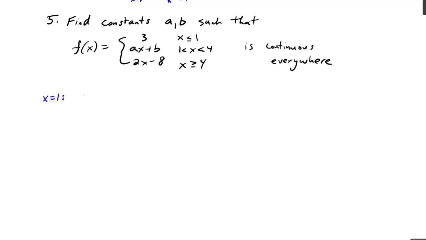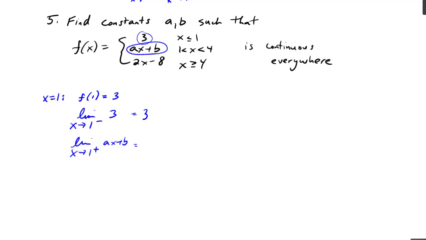Okay, so let's take a look at x equals 1. The first thing I want to talk about is f of 1. Well, f of 1, that's included in that first piece, so f of 1 would be 3. The limit as x approaches 1, I'm going to have to do from two sides, one from the left and one from the right, because from the left it looks like 3, and from the right it looks like ax plus b.